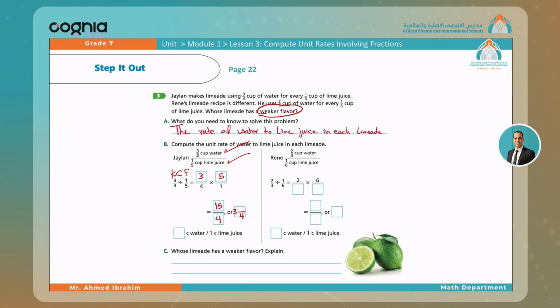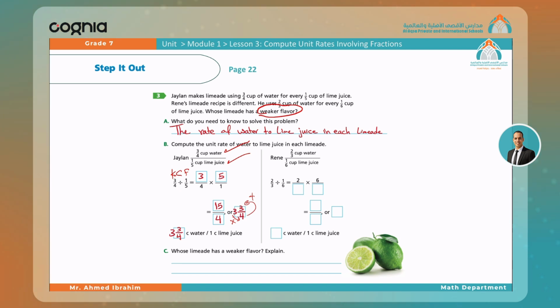So 3 times 4 is 12. And plus how much to get 15? 12 plus 3. So it's 3 and 3/4. So for Jelaine, she uses 3 and 3/4 cups of water for every 1 cup of lime juice.